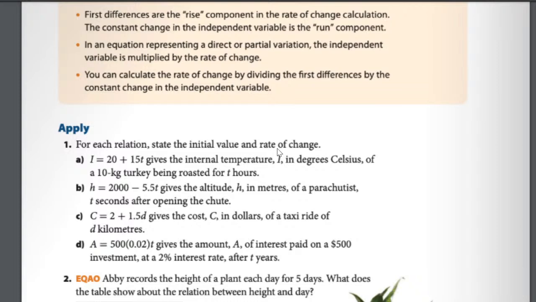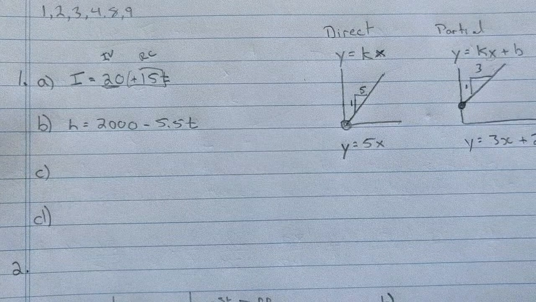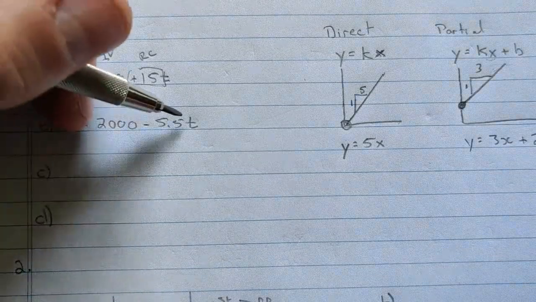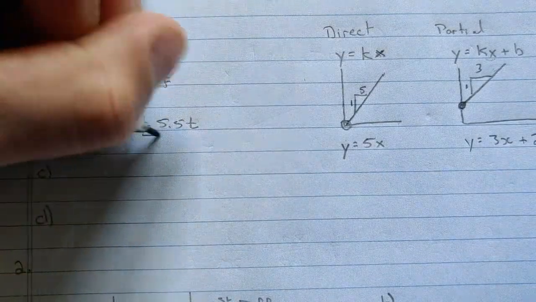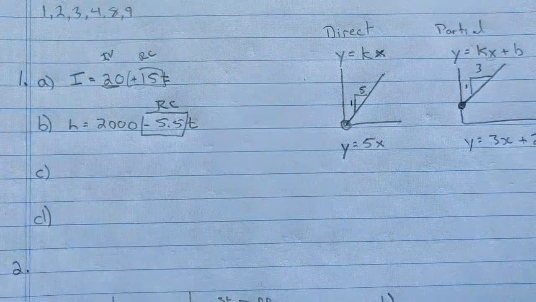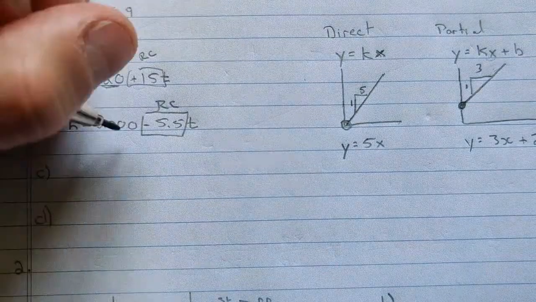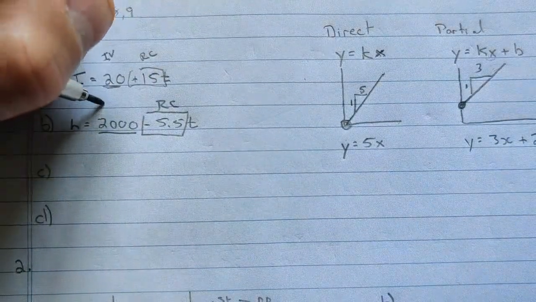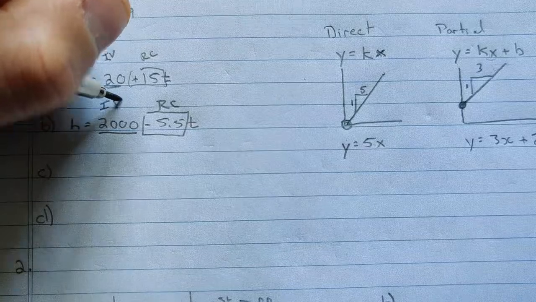Right away, I can look at that equation and recognize the rate of change by the negative sign, the negative 5.5t, and also that it's the number connected with the variable. So again, negative 5.5 is our rate of change. And I'm including that sign. And then the 20,000, that is our initial value.